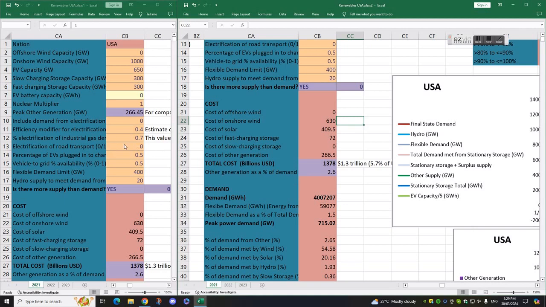If we electrify 100% of the road vehicles, replace the current fossil fuel vehicles with electric vehicles, what will that look like for demand? So here's the current value, 4 million.